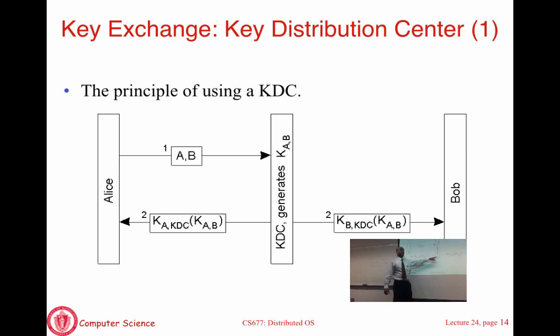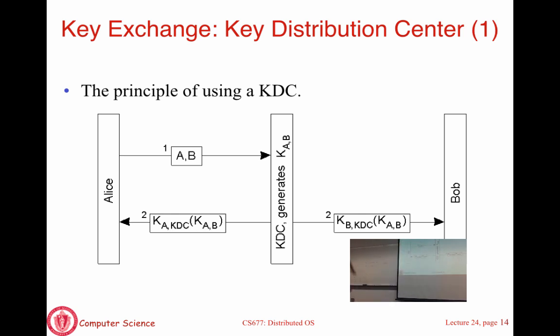So what the KDC can do is take your session key and encrypt it with the key that the KDC and Alice share, which is this key here. So the session key goes encrypted to Alice. The same session key also gets encrypted to Bob, but using a different key that only Bob and the KDC know. That has to be predetermined for all of this to work.